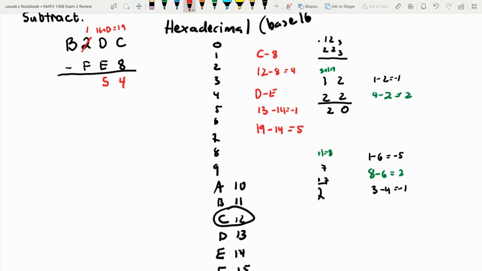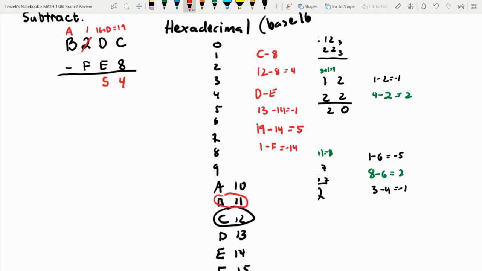Right. Next column is 1 minus F. Well, obviously that's going to be negative. So we're going to borrow from the next column. We're borrowing from B, which is 11. So you have to subtract 1 and you get 10, or A if you'd like.